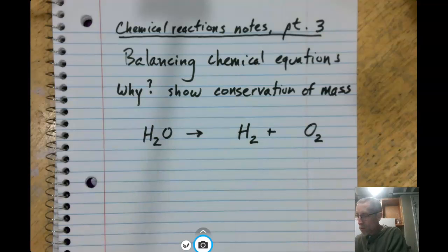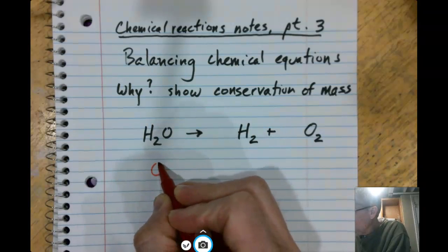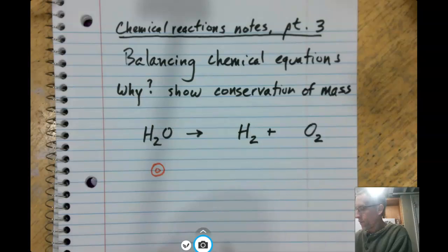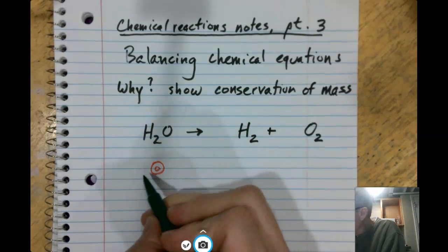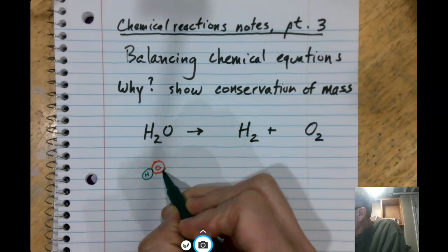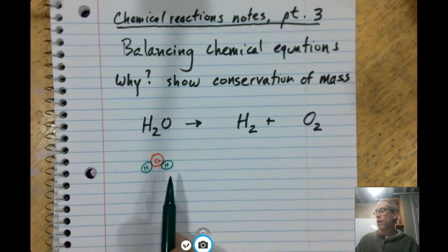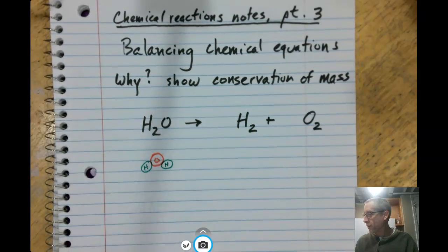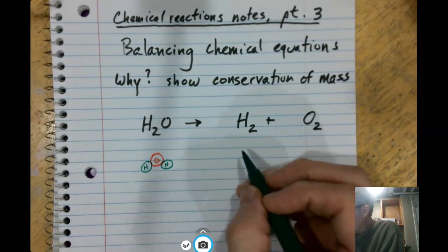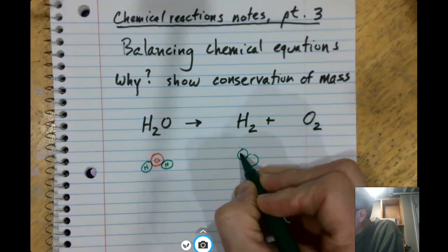So if we kind of draw this, let's just represent the oxygen atom as a red circle. Put a little O on it. And then each hydrogen we'll draw as a little H. So that is a good model for what a water molecule would look like. And over here, the H's exist as a pair.